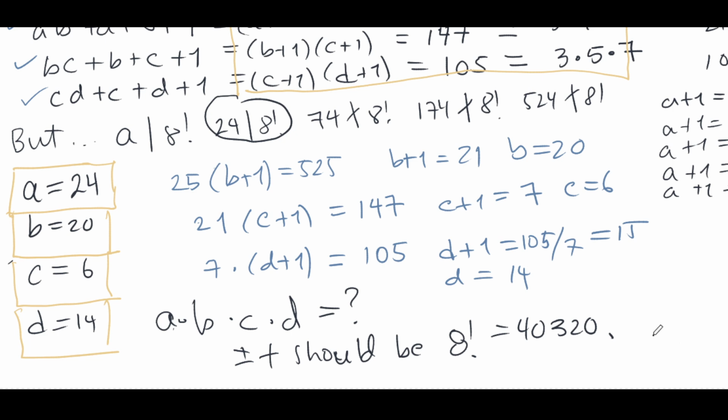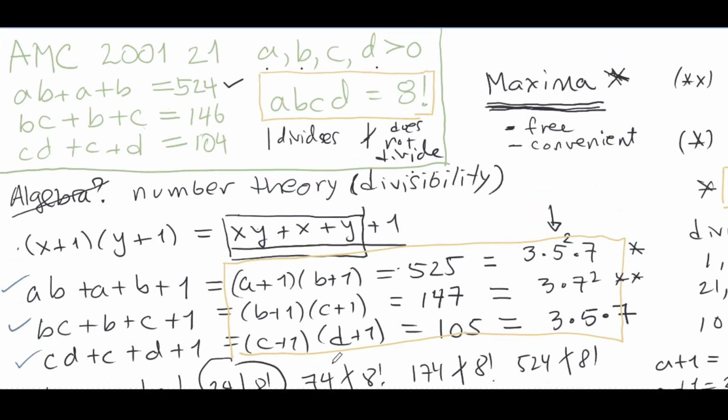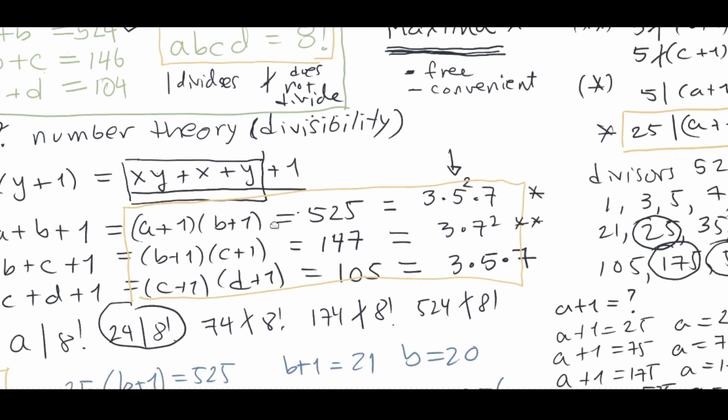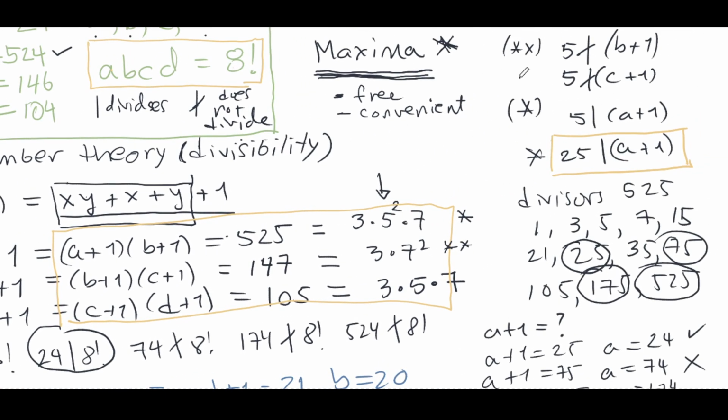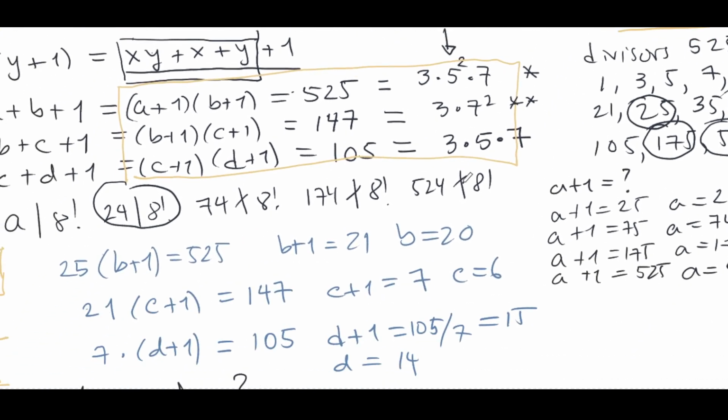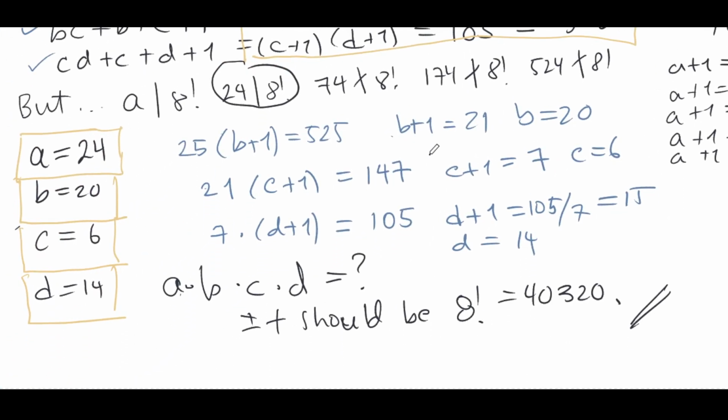Anyway, this problem is very beautiful because it is unexpected. You think it's an algebra problem, but the solution is sort of number theory and pure logical thinking, like excluding these possibilities here and then getting the results.